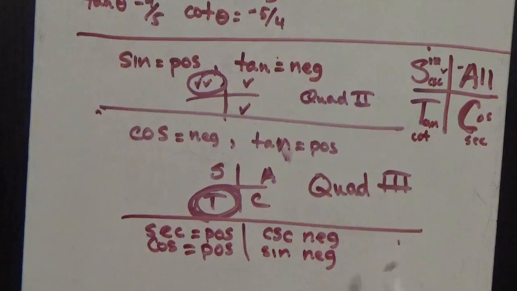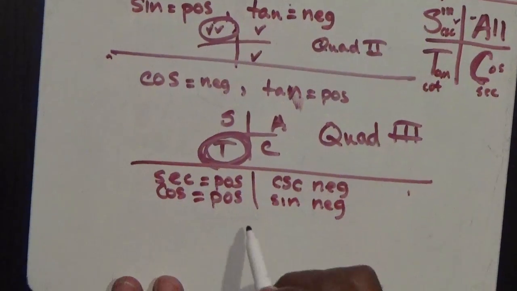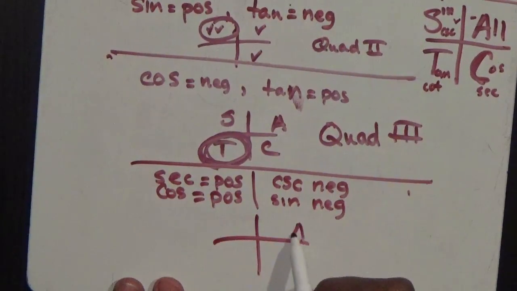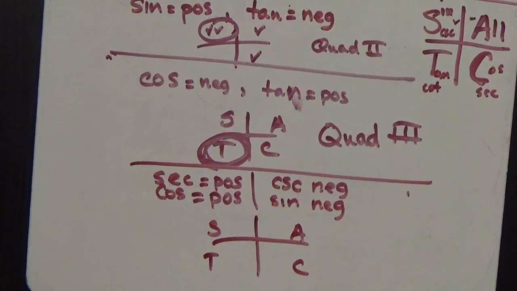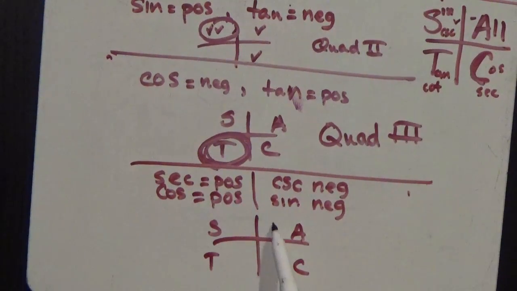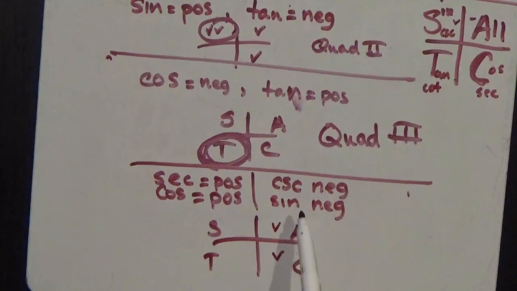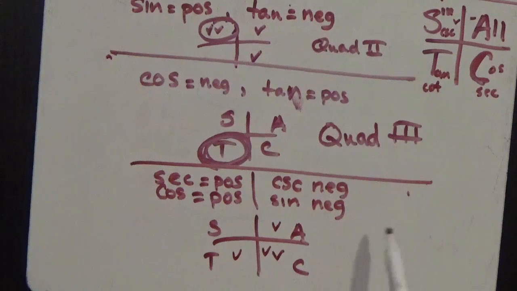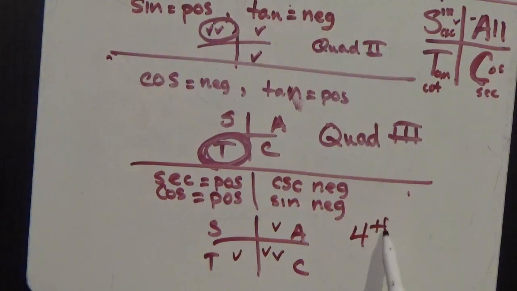Alright, so let's do that. So where's that true? Where's cosine positive? Well, cosine is positive here and here. But where's sine negative? Well, sine is negative here and here, so it must be fourth quadrant.